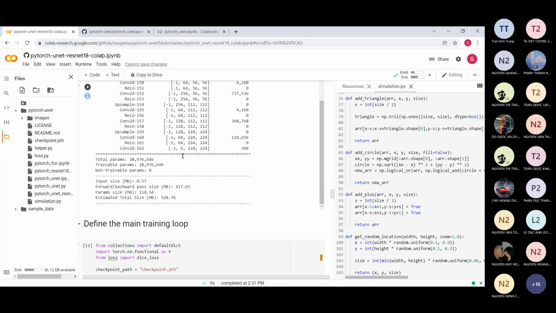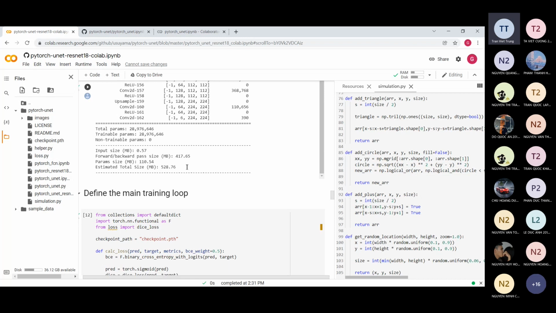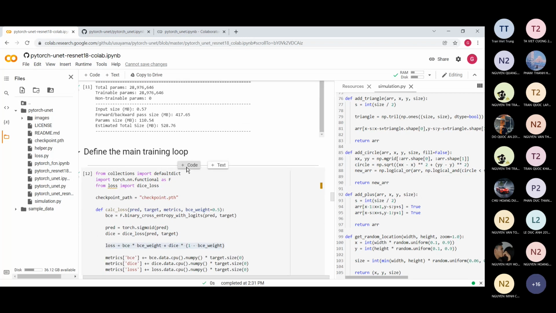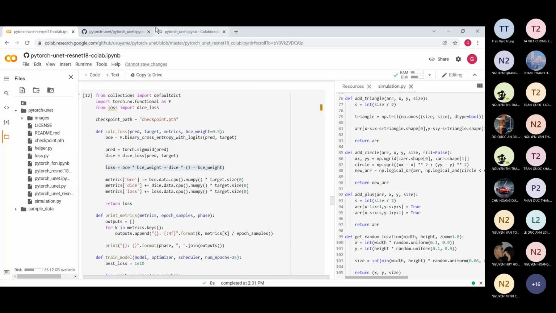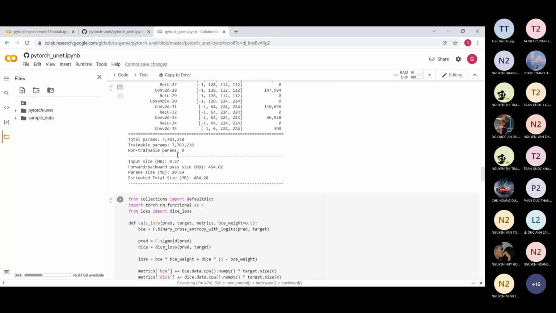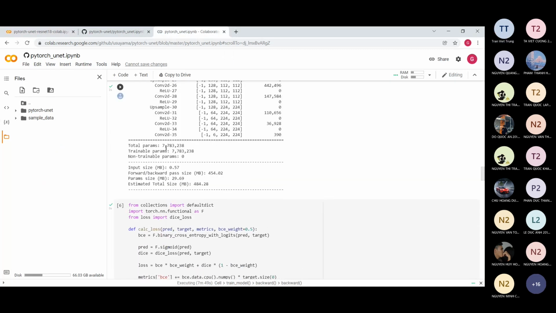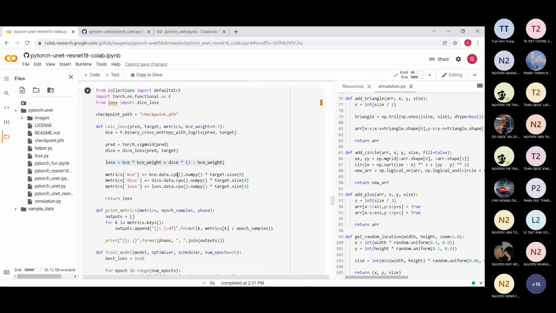This model is quite big because the total is 28 million parameters. In my view it's really big compared to the second Colab you sent to us, which is about 7 million parameters.